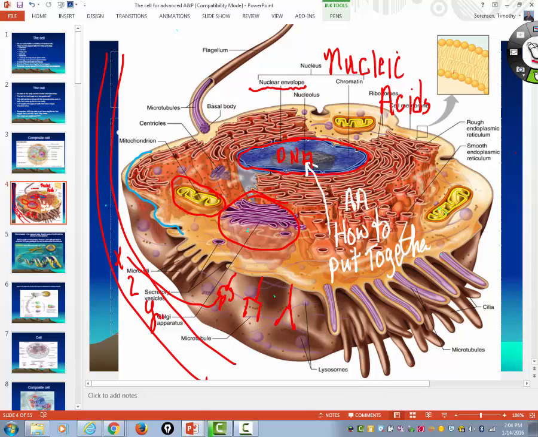How you put those amino acids together, the sequence and the type of amino acid that you chemically bond together, right, determines the protein shape and therefore its function.